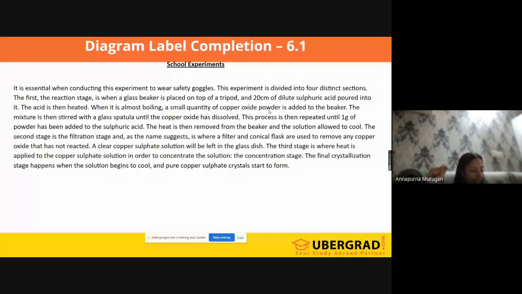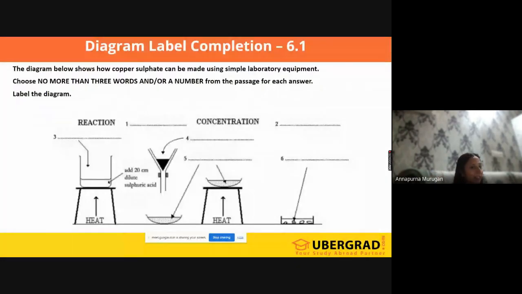Lakshit, is it this one? Copper oxide powder. Yeah, but is it the first answer? No, the third answer is copper oxide powder. So remember that your answers may go in any order.